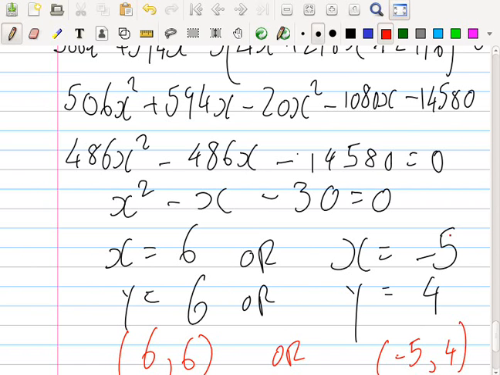So number 1 is A to F, and I've already done A, so it's really just B to F. And then number 2 is A to C. I've already done A, so it's really just B and C.